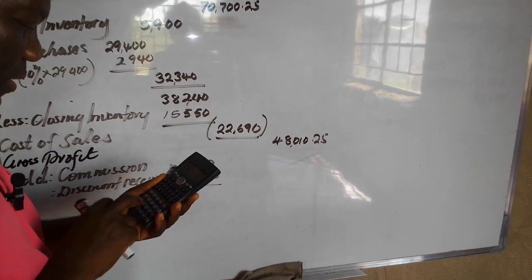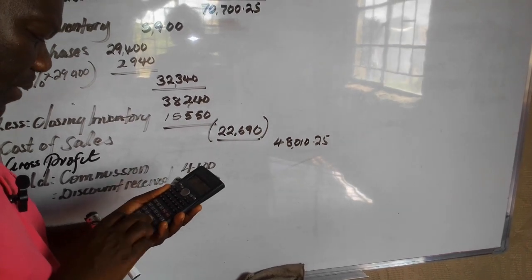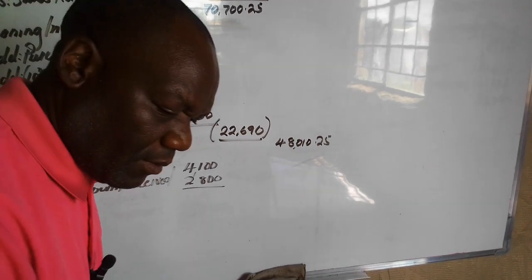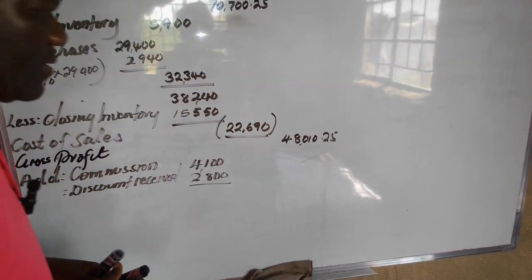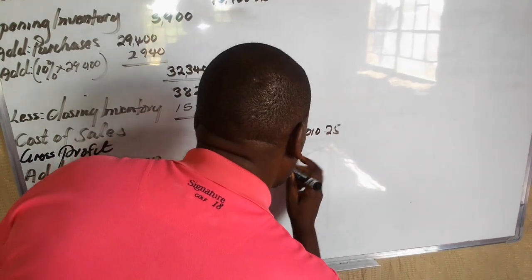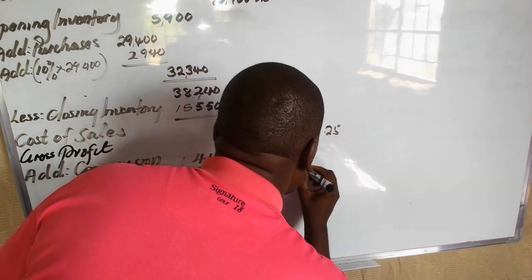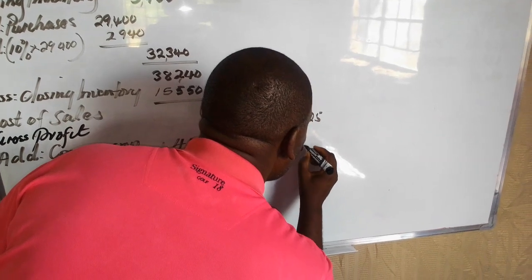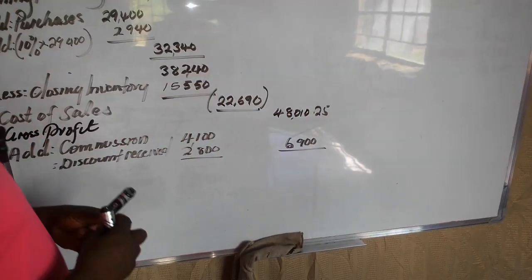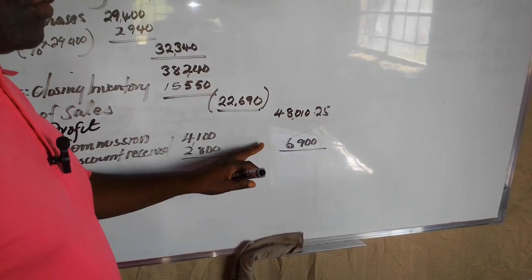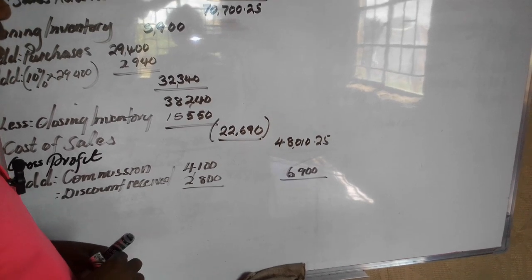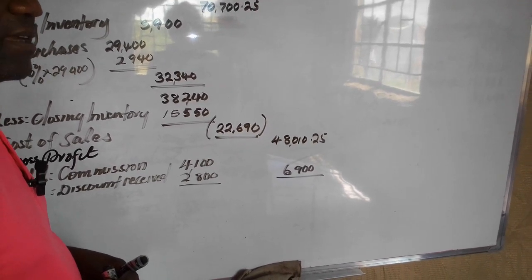So when we add the 4,100 plus 2,800, we have 6,900. We add it to our gross profit. We are now going to add the two: 48,010 kwacha 25 ngwee plus 6,900.